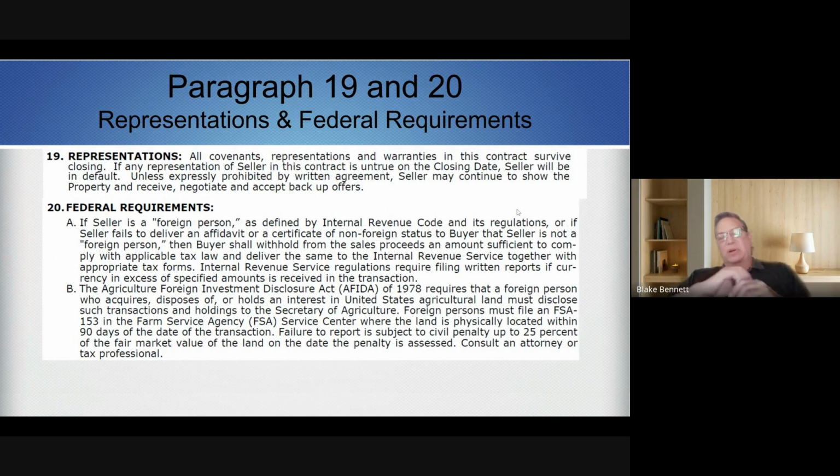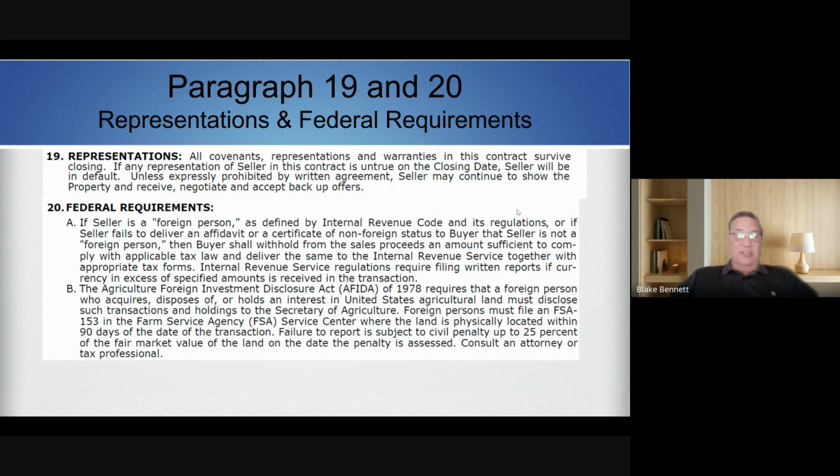19 and 20. We're at the last two paragraphs of this contract. 19 is all covenants and restrictions and warranties in this contract survive closing. 20A deals with FIRPTA, which is if a foreign person sells property, then the buyer is required to withhold federal income tax from that seller and send it to the IRS.